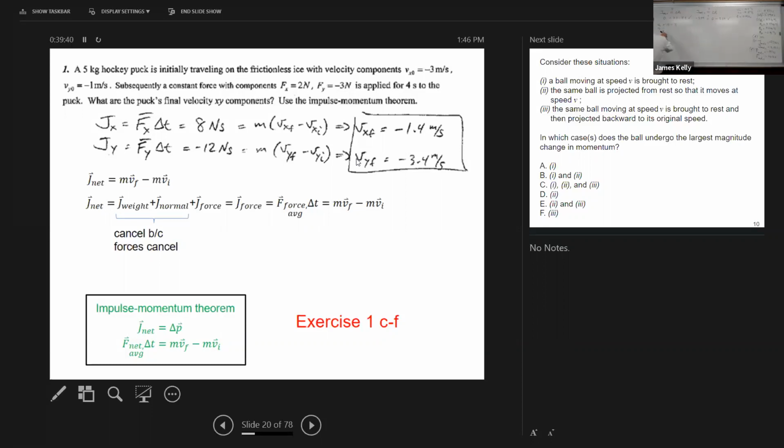Now, that's not true for the y. The y slows down and comes to rest and comes back down, but hopefully we all have the intuition now that if you're starting from a certain height and going up in that parabolic motion and coming back to the same height later on, all that happens is your y velocity component switches signs.